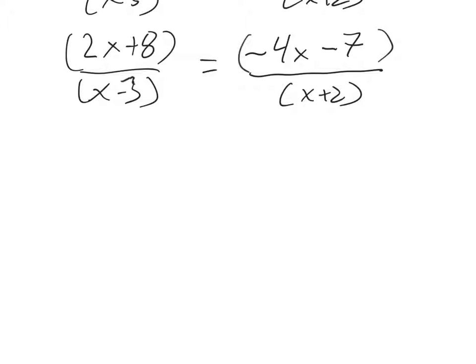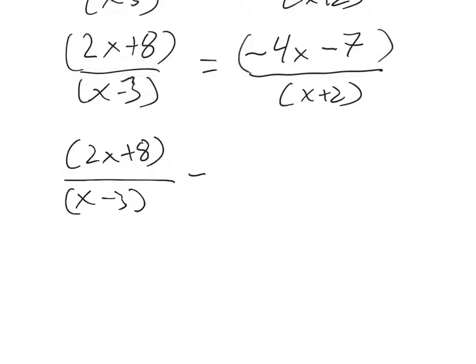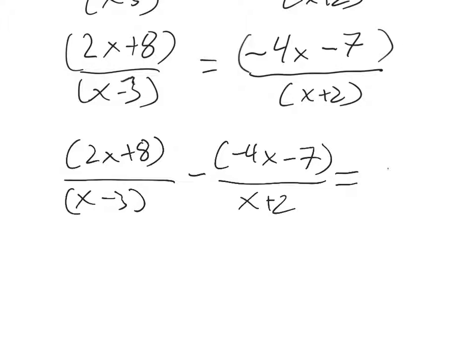So I'm going to subtract this fraction on the right side, negative 4x minus 7 over x plus 2, from both sides so that I can get something a little bit nicer for us to solve. So again, still got to keep that 2x plus 8 over x minus 3, and now I'm subtracting negative 4x minus 7 over x plus 2, and this whole thing is going to be equal to 0.